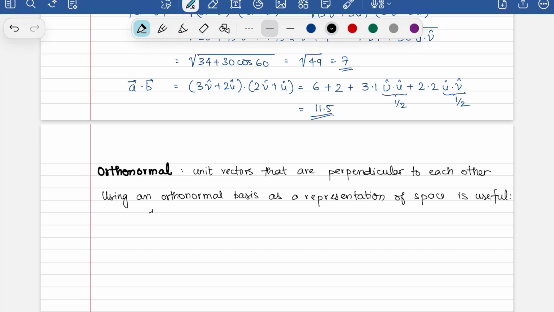The reason for that is i hat dot j hat is equal to 0, i hat dot k hat is equal to 0, and j hat dot k hat is equal to 0. Right, so this forms an orthonormal basis, and by convention, the directions are defined according to the right-hand rule.